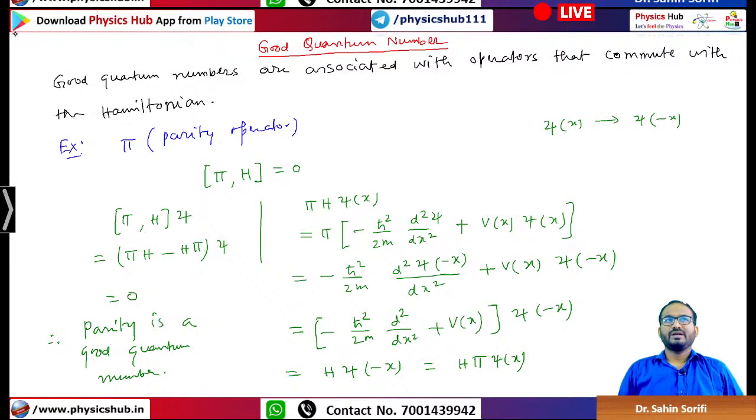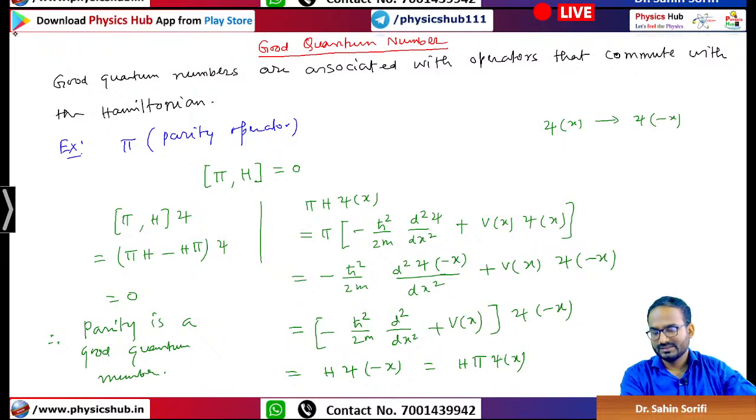So our mathematical tools are almost over. Now you are well equipped with mathematical tools. Whatever topic we discuss now, you will find it super easy and be able to catch those points. That is the beauty of mathematical tools. If your mathematical tools of quantum mechanics are strong, then the next topic you will find very easy.